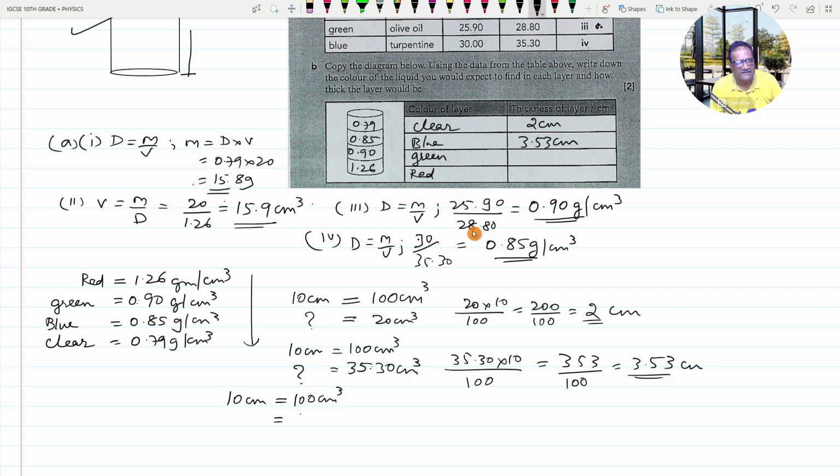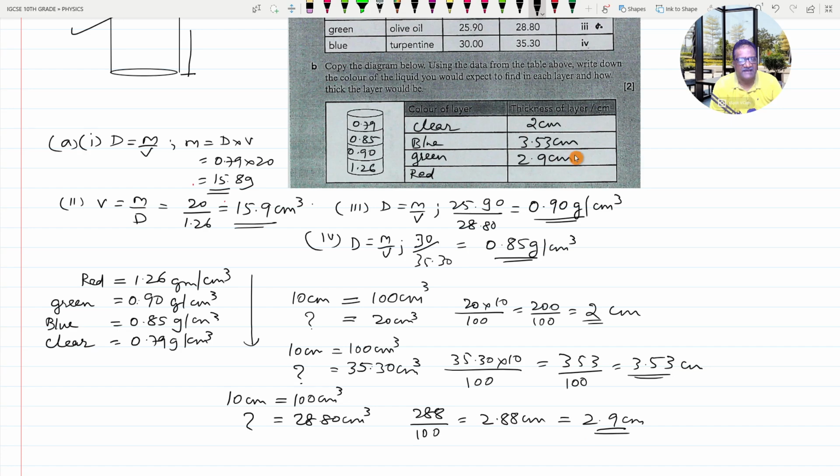Let us see. 28.80 centimeter cube. What will be the height? So this will be 28.80 times 10, that is 288, divided by 100, which works out to 2.88 centimeter, which is nothing but 2.9 centimeter. So for the green liquid, the thickness should be 2.9 centimeter.